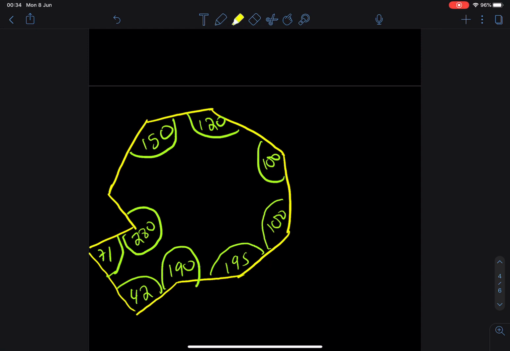And now your question is to work out this missing angle. You can pause it here and then work out what this missing angle is. I will restart in 5 seconds, but you can pause it here.